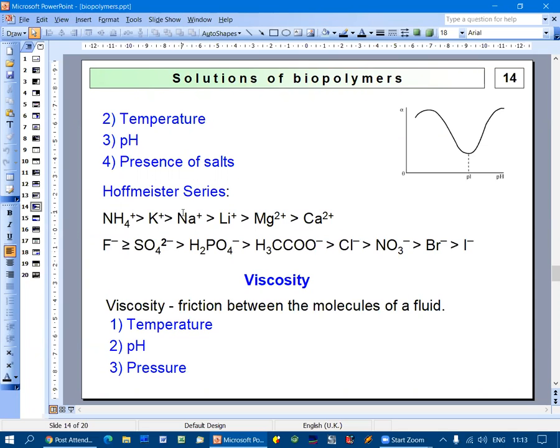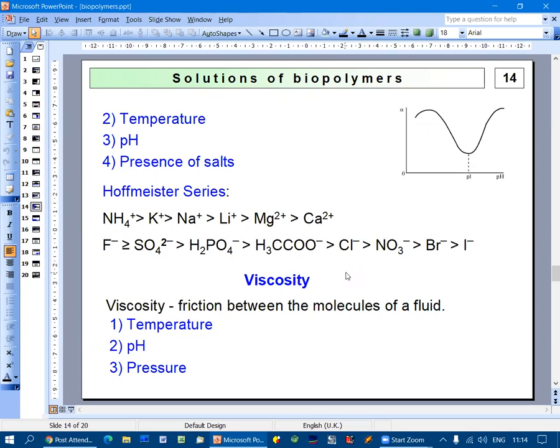The second property of polymer solutions that is absolutely different from that of lower molecular weight compounds is the difference in their viscosity. Viscosity is just a friction between molecules of moving fluid.